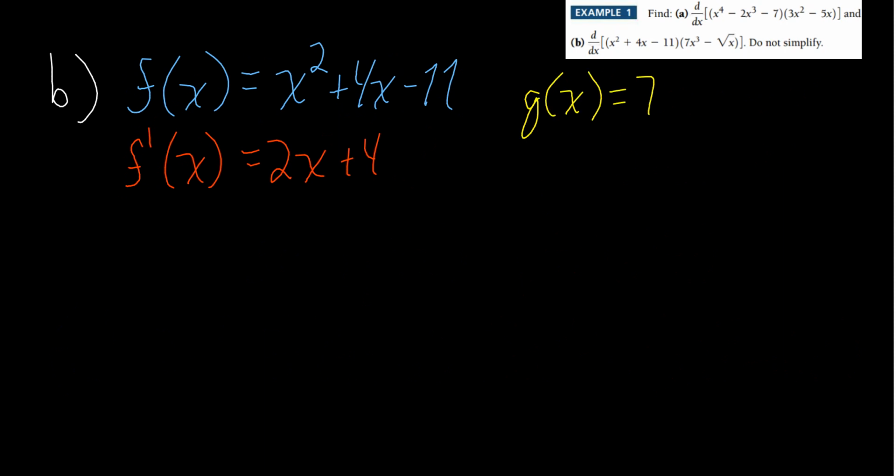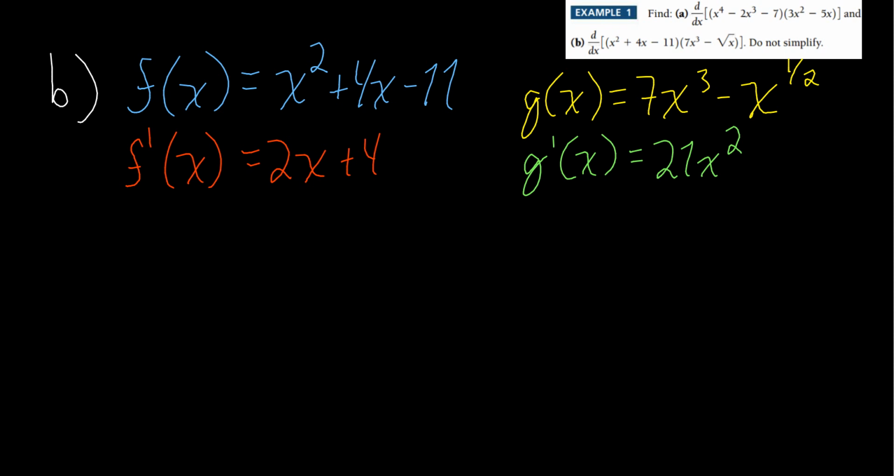is 7x cubed minus, and I'm going to go ahead and write this with a rational exponent because it makes finding the derivative that much easier, right? So the square root of x is simply going to be x to the 1/2, right? And then g prime of x, well, that's going to be 21x squared, and then the derivative of x to the 1/2, if you recall, is going to be minus 1/2, and I messed up.